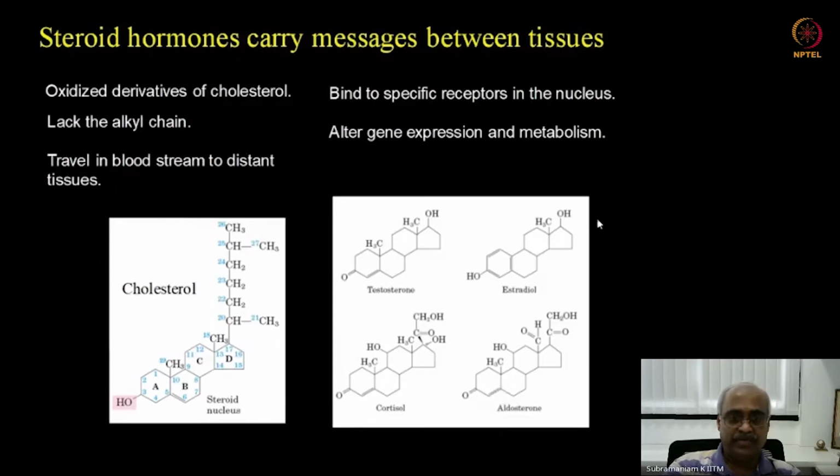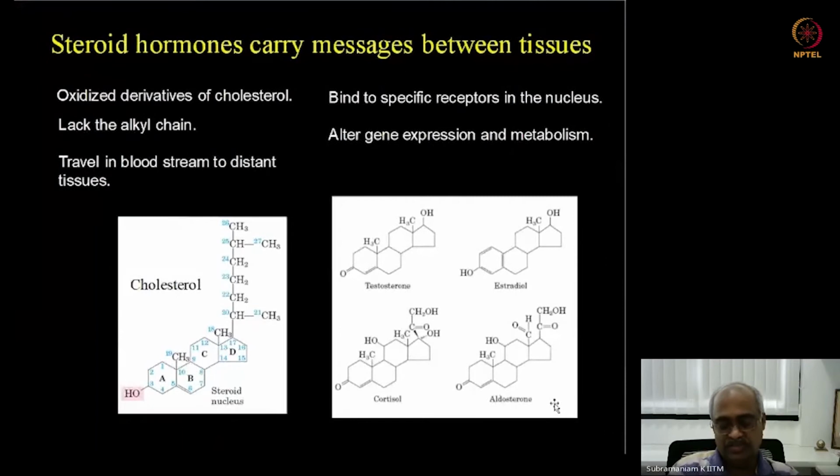Another important point about these hormones, when contrasted with the ones that we recently learned. We didn't learn about all hormones. We learned only about the eicosanoids, and at that time I told you they function in the vicinity of the cell that produces them, and therefore they are called paracrine hormones.